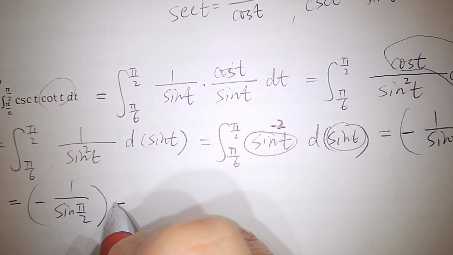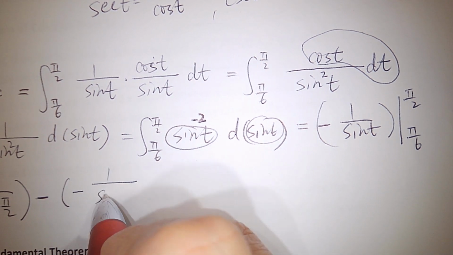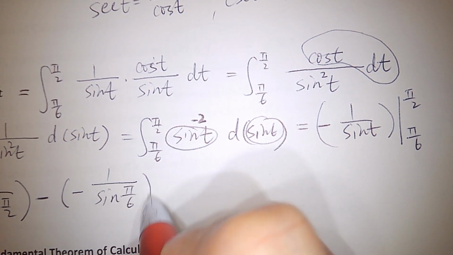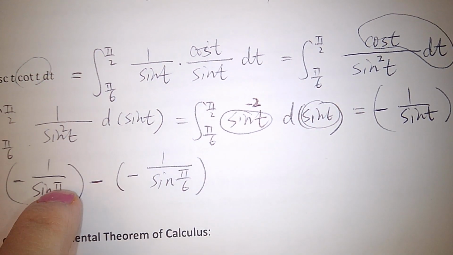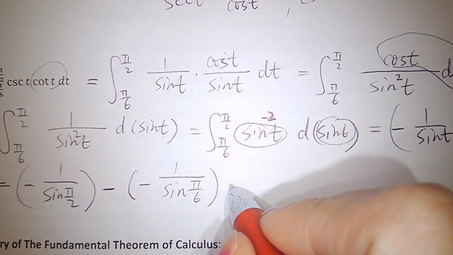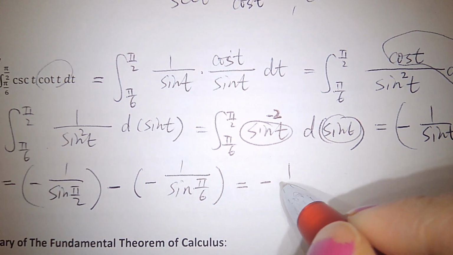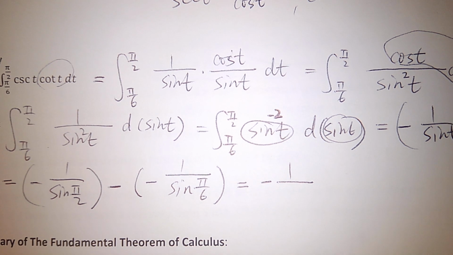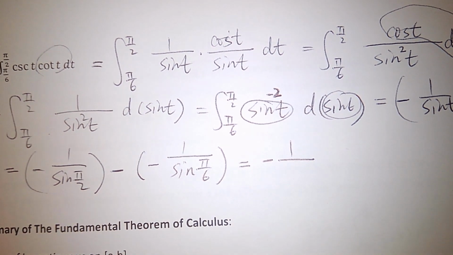Minus what? Negative 1 over sine of what? Pi over 6, right? Replace t by pi halves, and replace t by pi over 6. So this gives us negative 1 over, what is sine of pi halves? Sine of 90 degrees, what is it? 1, nice? Yes.